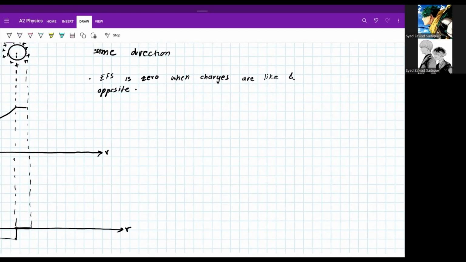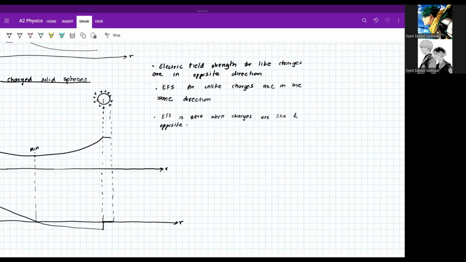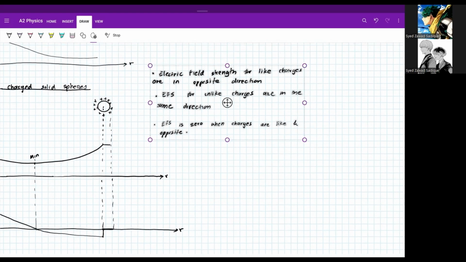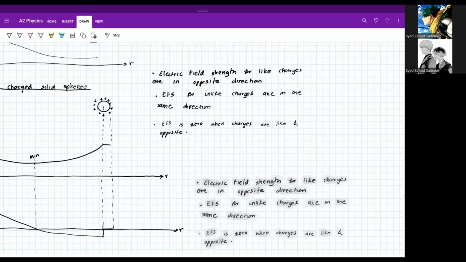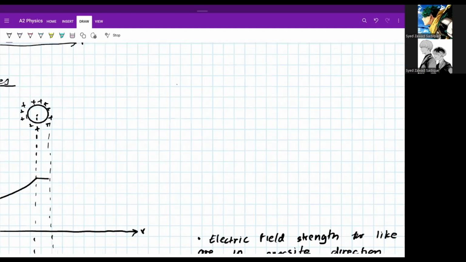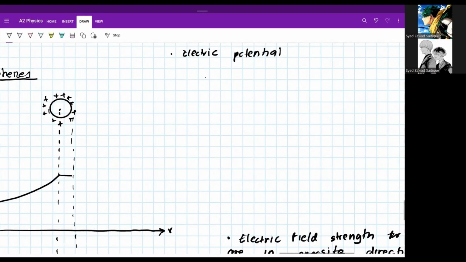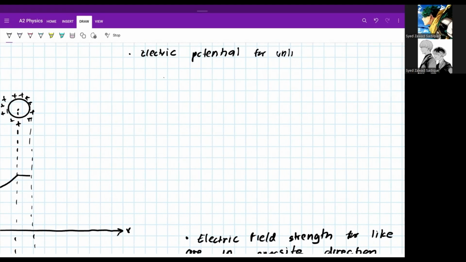Now for electric potential. Electric potential for unlike charges are in opposite direction.